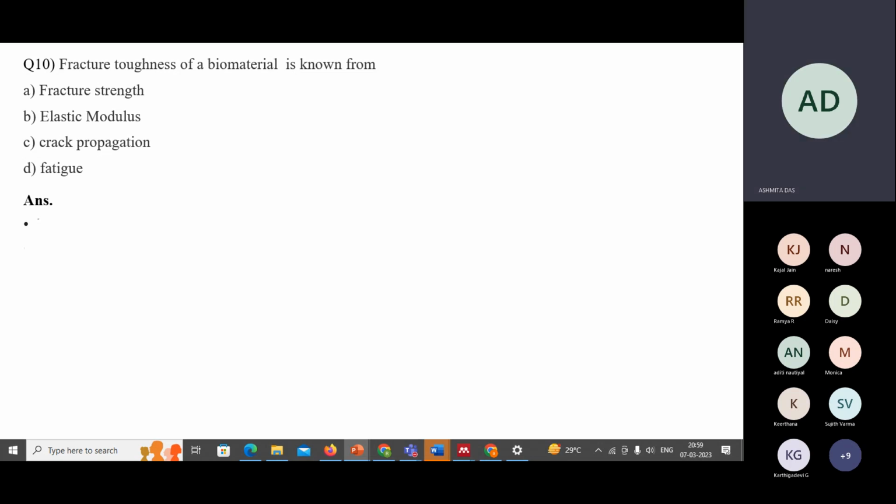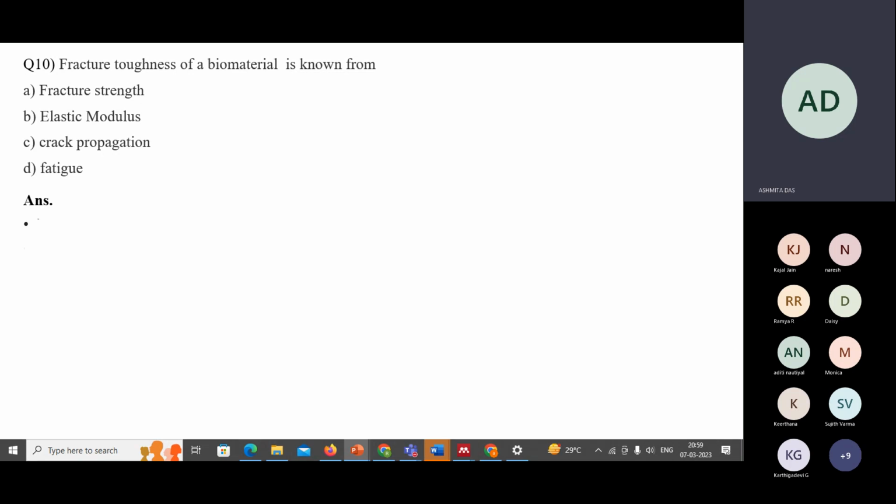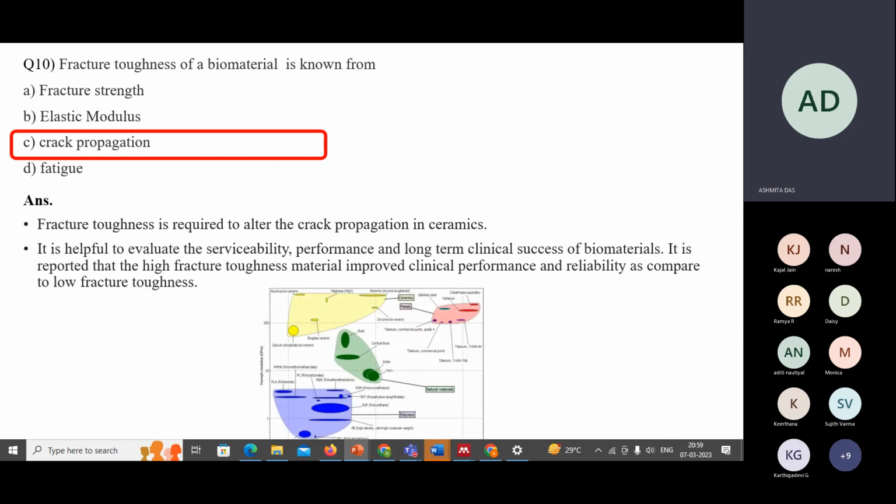The correct answer is crack propagation, which basically quantifies how the crack will propagate, and it also defines the material's tolerance for pre-existing cracks and other stress concentrating features.